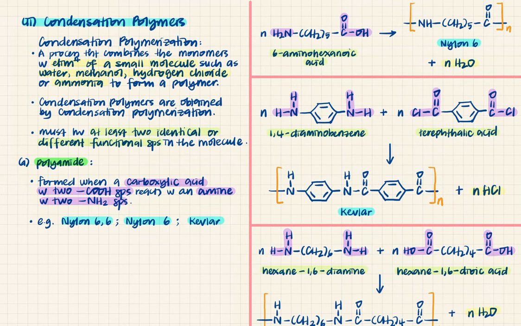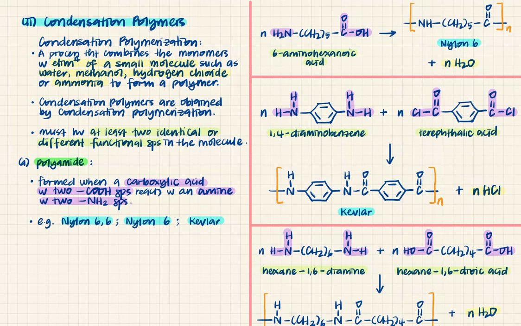You will combine two big molecules, in this case your monomers, with elimination. The earlier addition was without elimination. But here, condensation is with elimination of a small molecule. It can be water, methanol, hydrogen chloride, or even ammonia.